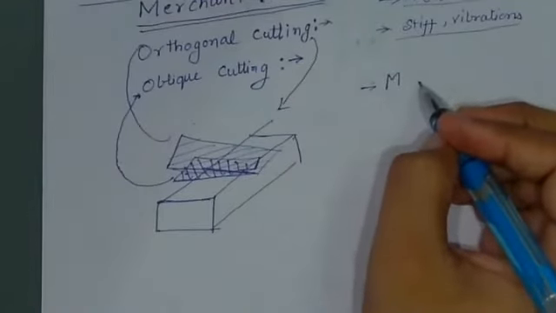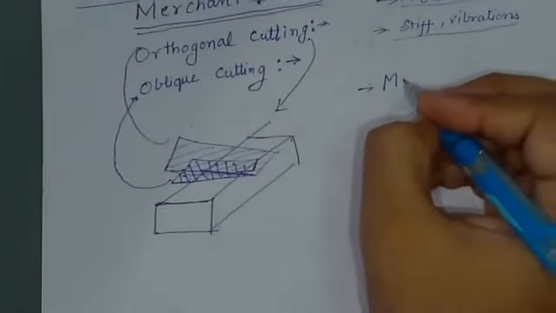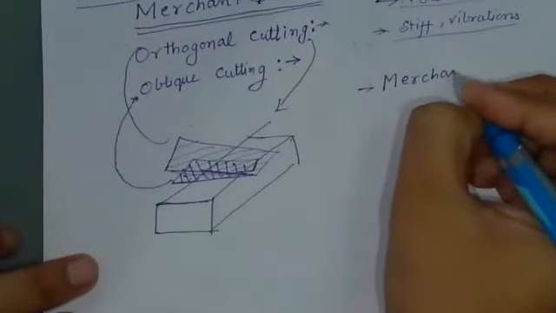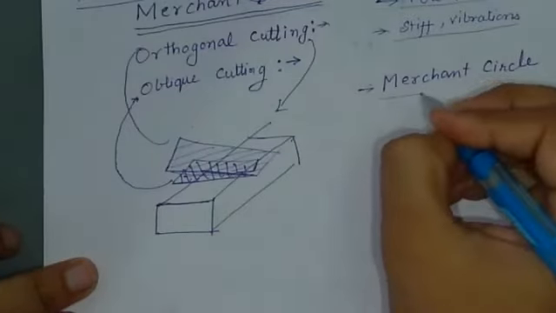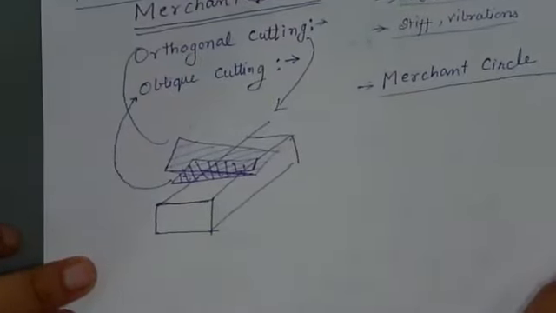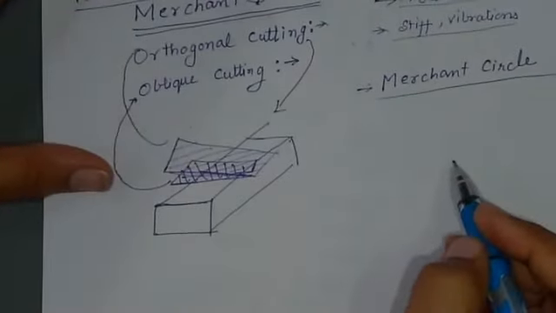So Merchant circle is a circle which is based on various forces which exist in equilibrium. So let's discuss these forces also before we jump to some non-conventional machining processes.